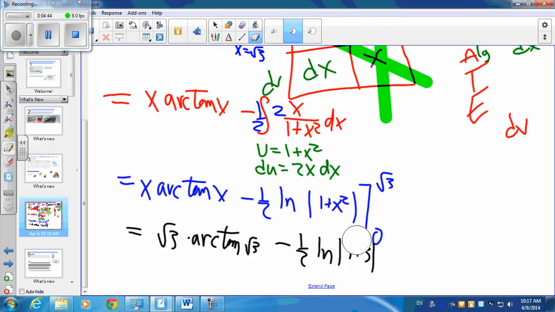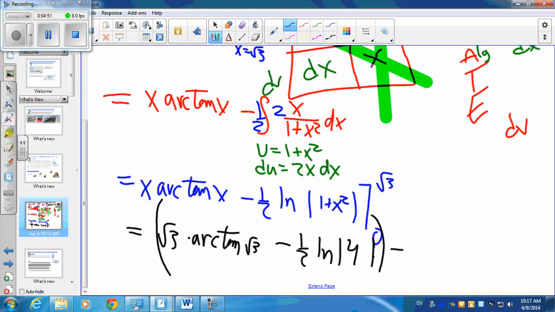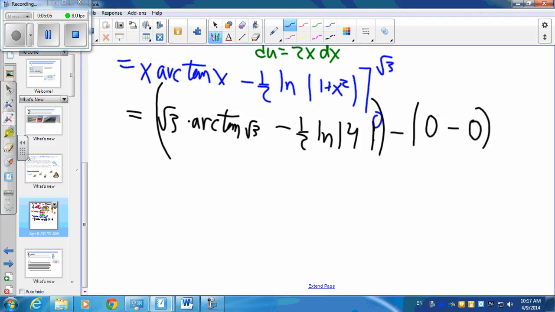So this is just going to turn into 4. That minus, well, if I put a 0 in for x, that's just going to be 0. And what's the natural log of 1 plus 0? What's the natural log of 1? 0. So that whole thing goes to 0, and so you'll be left with the square root of 3.